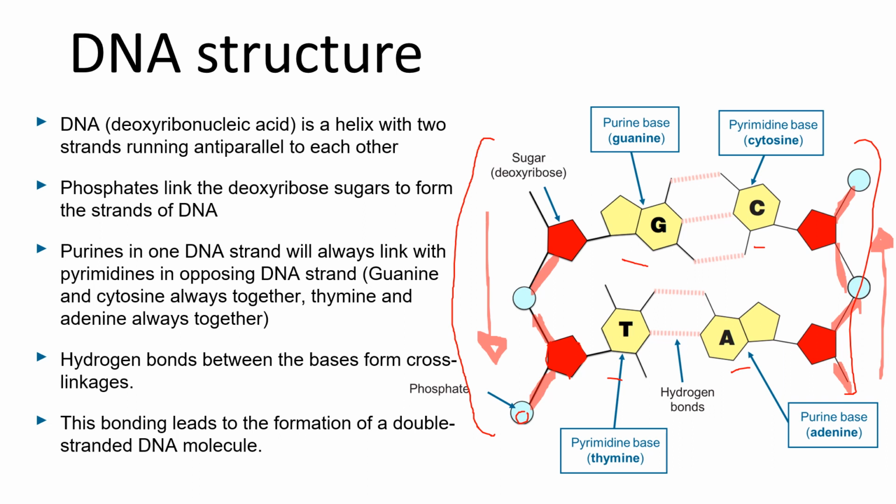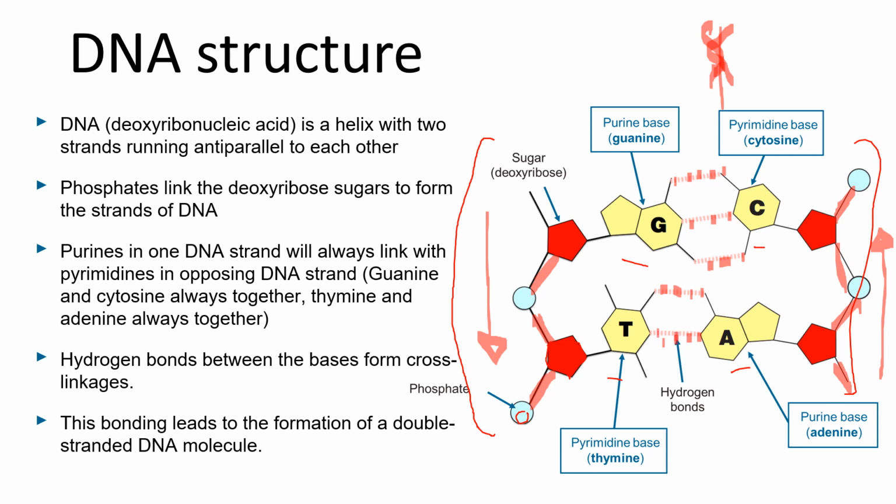You can also see that our bases are connected with hydrogen bonds. Okay, so hydrogen bonds is what keeps our nitrogenous bases together and forms that beautiful helix structure that we looked at. That's going to come in handy when we look at breaking those apart later on in our course, but they are formed through hydrogen bonds, our GC and our TA pairing.